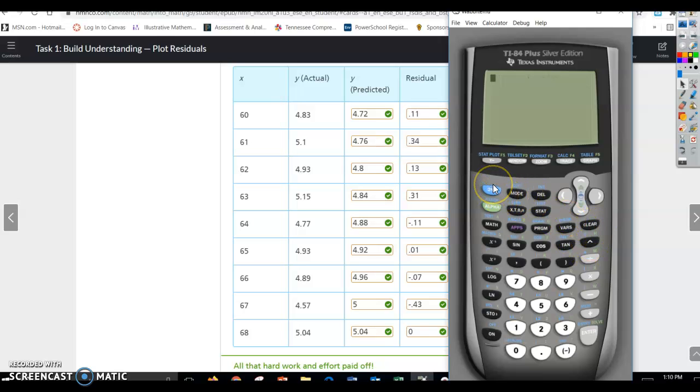All right, I'm going to go to Graph. This still has my equation in it from the last one, so I'm going to clear this out. I'm going to go to my window. And I'm going to have x's from 60 to 68. Let's see if it'll let me put a minimum of 55 in here. I don't think it will, but we'll try it.